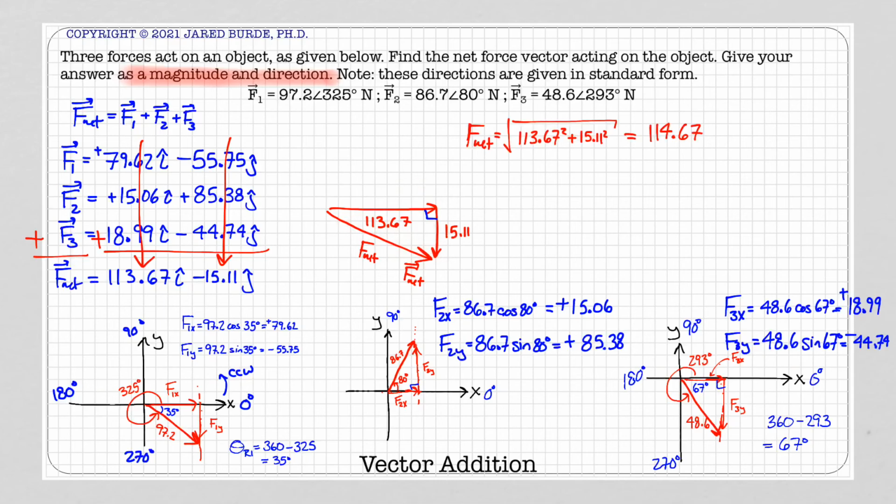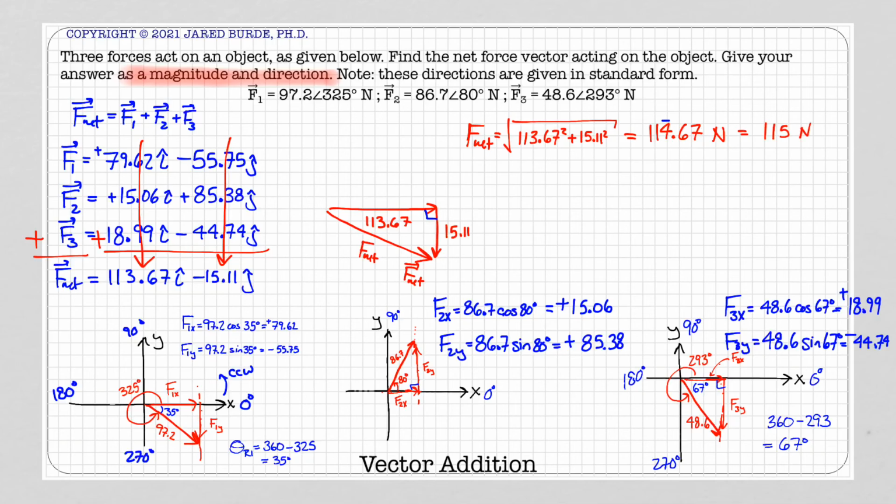I can use the Pythagorean theorem to find the value here. These are force vectors. They do have units of newtons, so my net force is also going to have units of newtons. I'm going to end up rounding to sig figs. And so I would say that the magnitude of the net force ends up being 115 newtons.